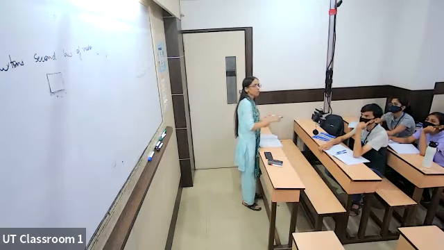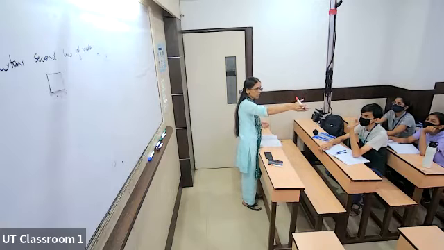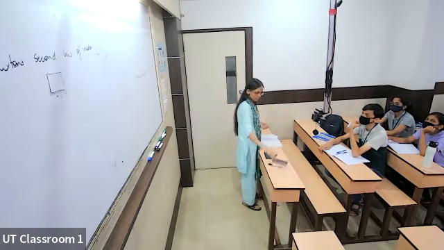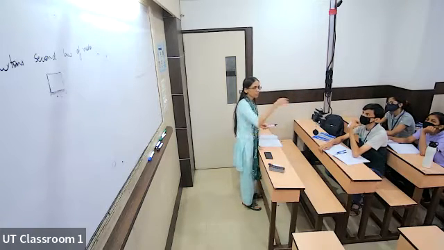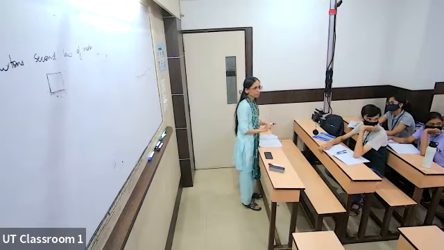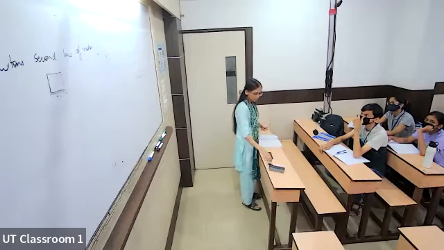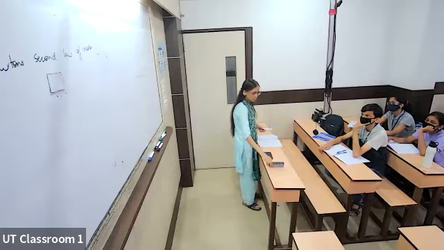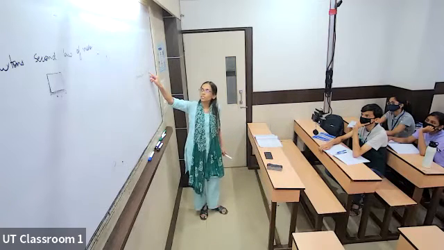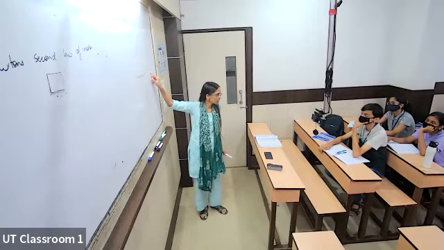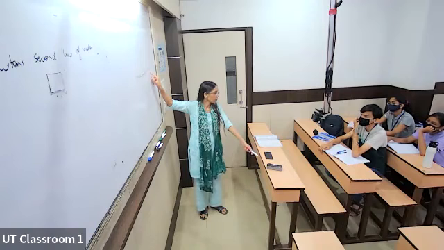Okay. So if I ask you what is the momentum of this duster, what would you tell me? I'm asking you what is the momentum of this duster. So what will you do? Mass of this duster multiplied by the velocity of this duster. Can you comment on the velocity of this duster?